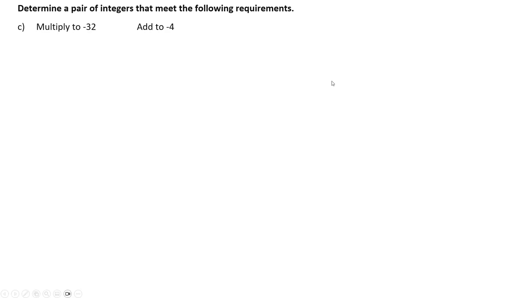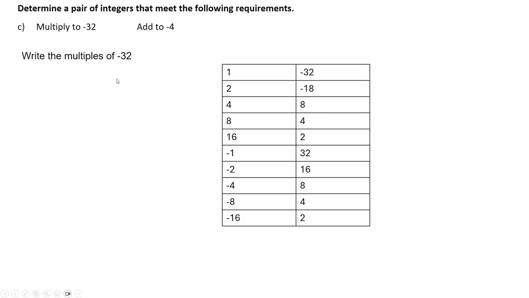Question C. We're looking for a pair of integers that multiply together to be negative 32 and add up together to be negative 4. So our multiples of negative 32 are as follows. Here's the pair of numbers. Every one of these pair of numbers multiply together to be negative 32.